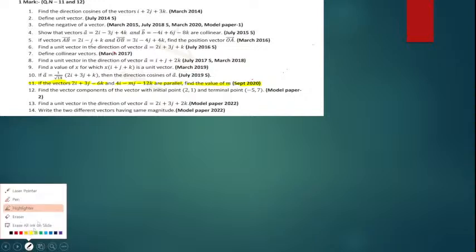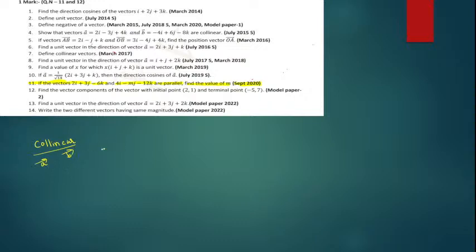Let me tell you, in earlier questions we found what collinear vectors are. See, two vectors are said to be collinear if they are parallel to each other. Let us consider A is one vector and B is another vector.